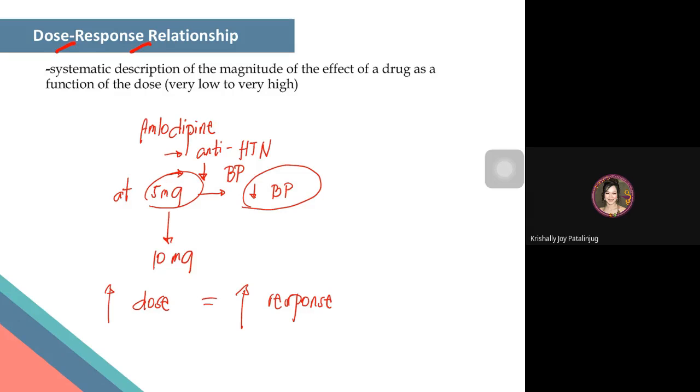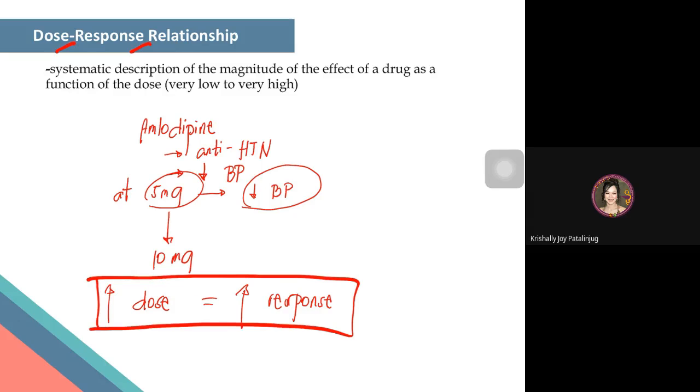But at a certain point, there are cases where increasing the dose will bring about certain adverse effects of drugs, or maybe it may bring effects of the drug that are not achieved at all. So we will try to understand all of this in this lesson. But again, please take note, in general, the dose of the drug will be proportional to the kind of therapeutic effect that will be achieved.